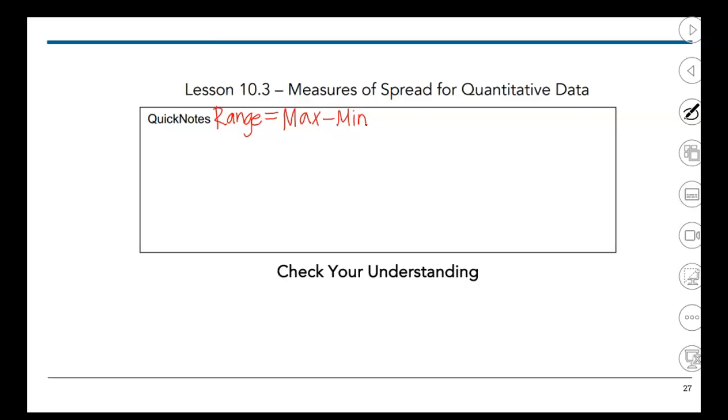What do y'all think students confuse range with a lot? Average, yes. People usually confuse range with average. So don't forget, range means max minus min. Okay. All right. Next thing is the definition for standard deviation. We just wrote it, but just so you know, that's the average.